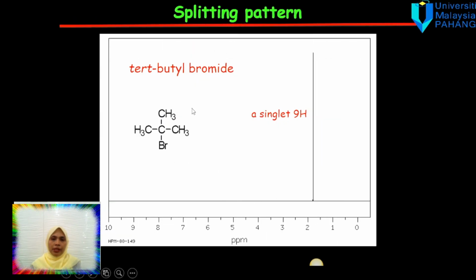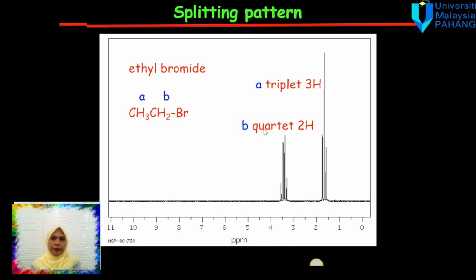See this example, this is symmetrical. All these methyls have the same environment, and they appear as a singlet with the 9H integration. Next example, both have different environments. Which one will appear upfield and which one will appear downfield?